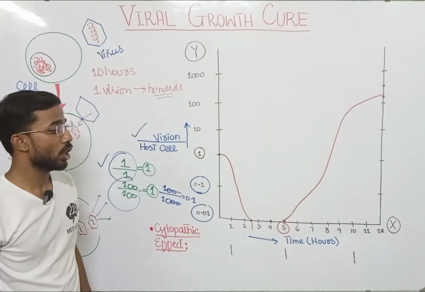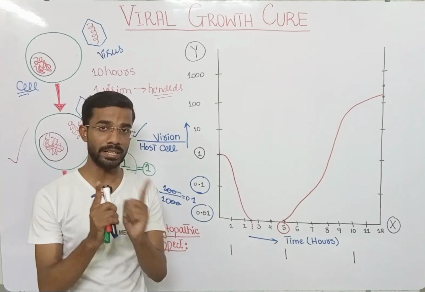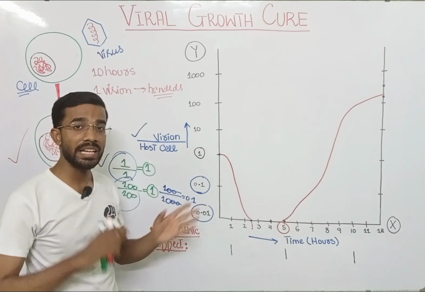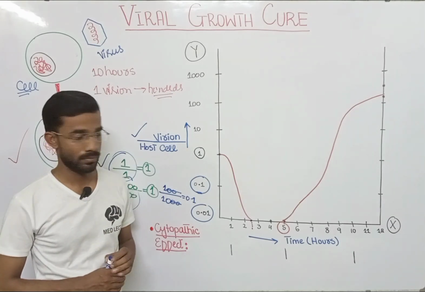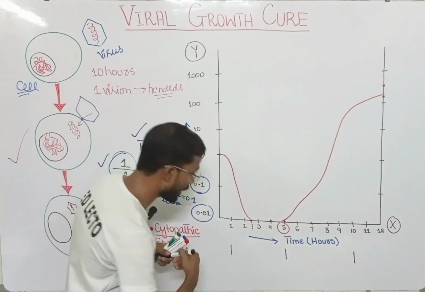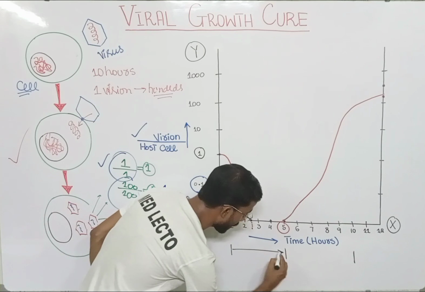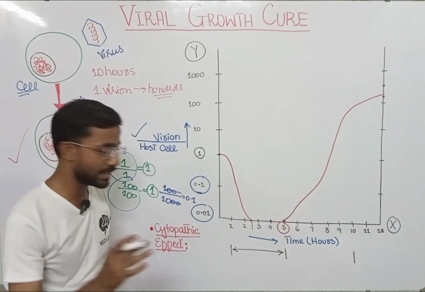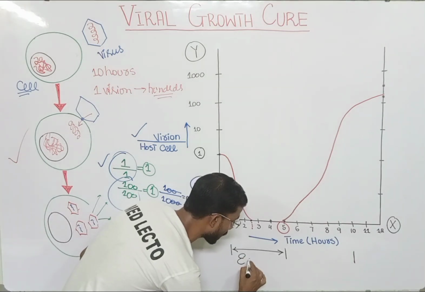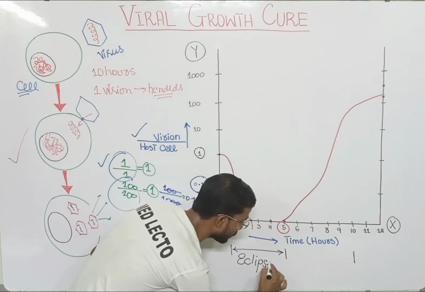In this case, you will see two periods. At the starting phase, the period in which you will never detect any virus inside the cell is called the eclipse period.